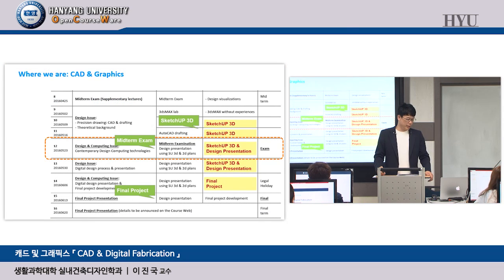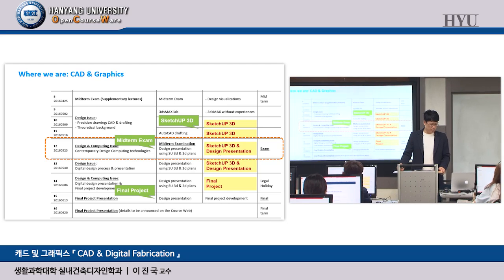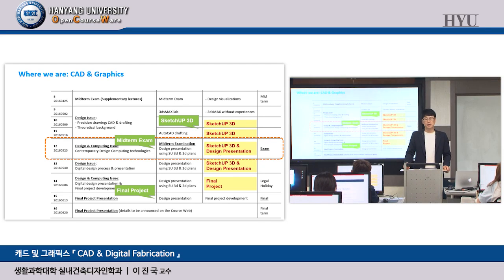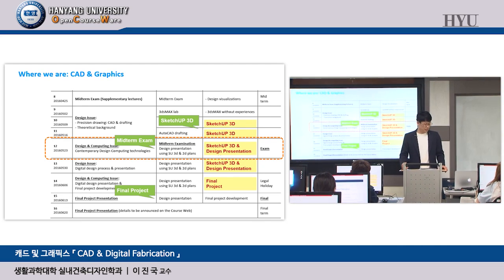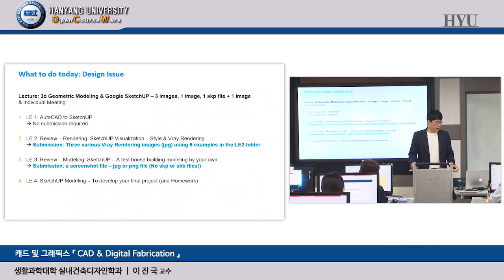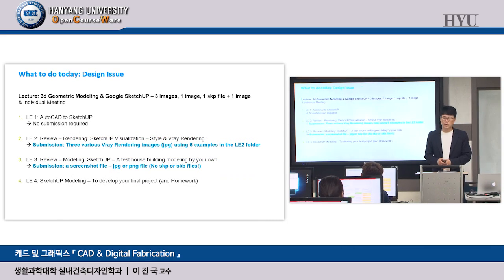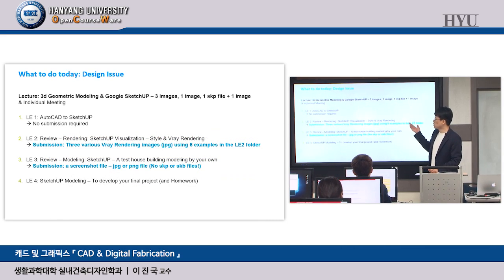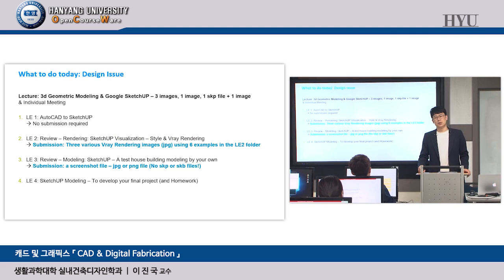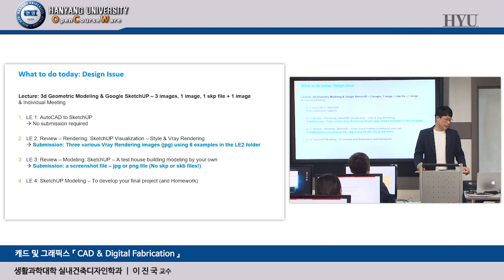As you know, we are in the 12th week and also have an exam at the end of today's class. But we need to do lots of things, okay? Lecture for an hour on the lecture topic, digital fabrication, and then a series of lab exercises: AutoCAD to SketchUp and rendering, modeling, review, as well as developing your final project.